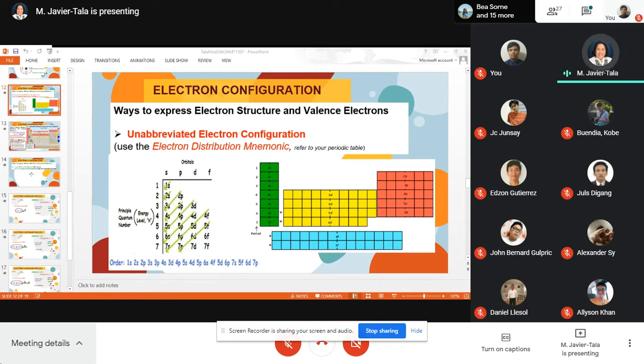Please look at your periodic table. In your electron distribution mnemonic, that is 1s, 2s, 2p, 3s, 3p, 4s, 3d. Please take note, it should be 4s first before your 3d, as you can see in your electron distribution mnemonic.